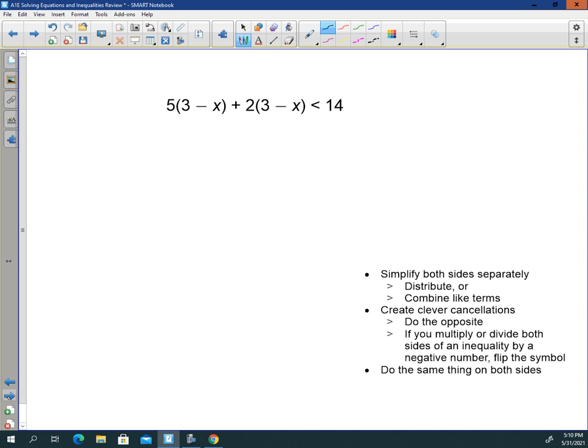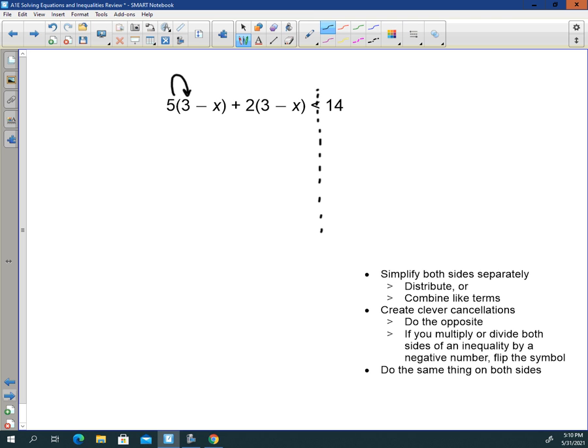All right, this is the last one. We're going to throw it all together. Let's divide this up. We have lots to do here. Looks like we're going to distribute. We have to simplify first, and since we have parentheses, we're going to distribute by the number that's right next to those parentheses. So I'm going to have 5 times 3, or 15.